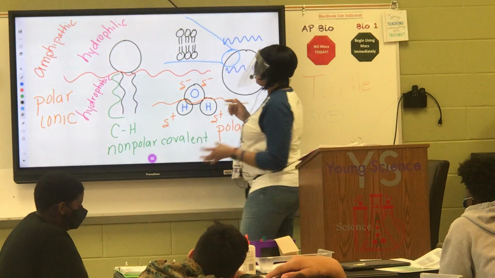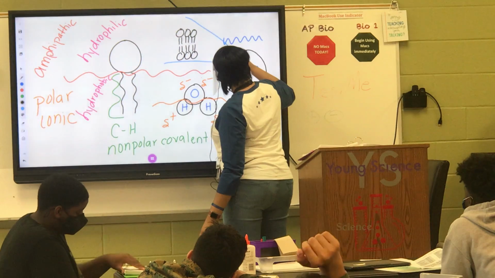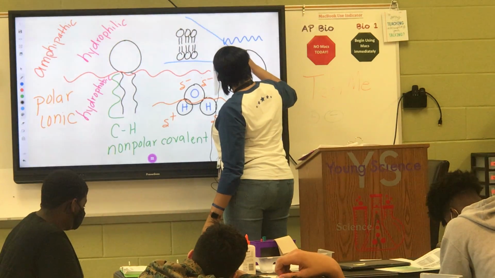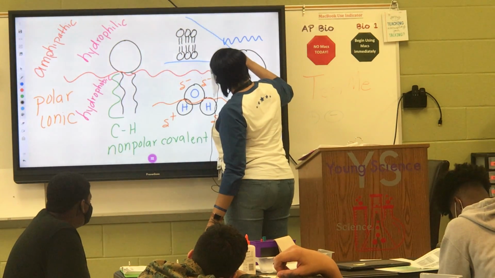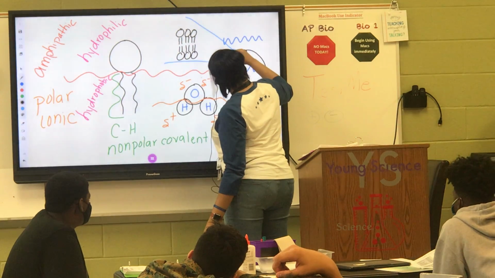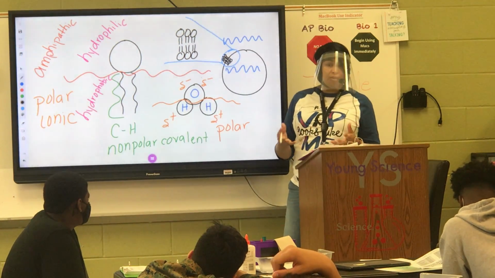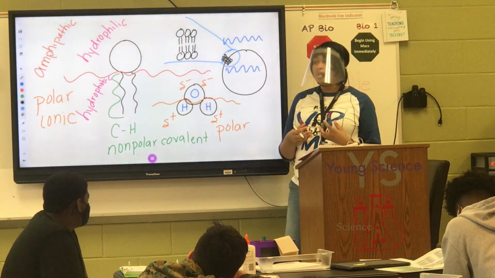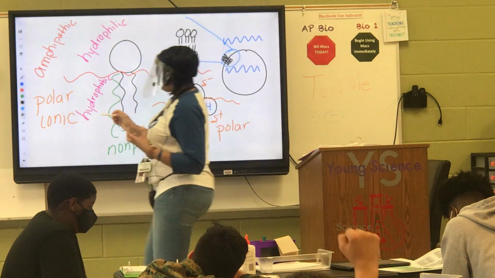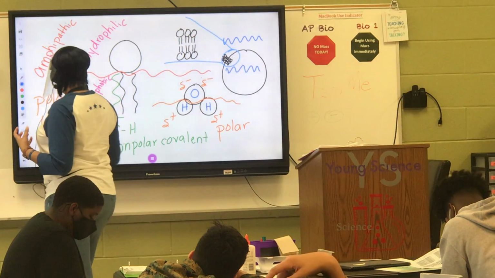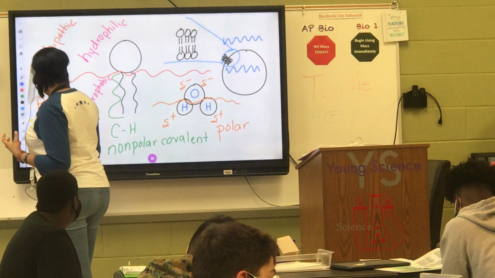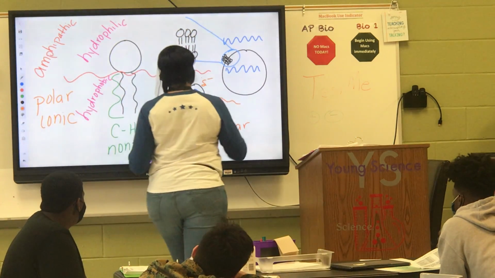By doing so, it keeps the heads that like water interacting with the water, and the tails that do not like water are protected from the aqueous environment. They're secure on the inside. Now, if I look at my cell membrane, that means that my cell membrane has regions.